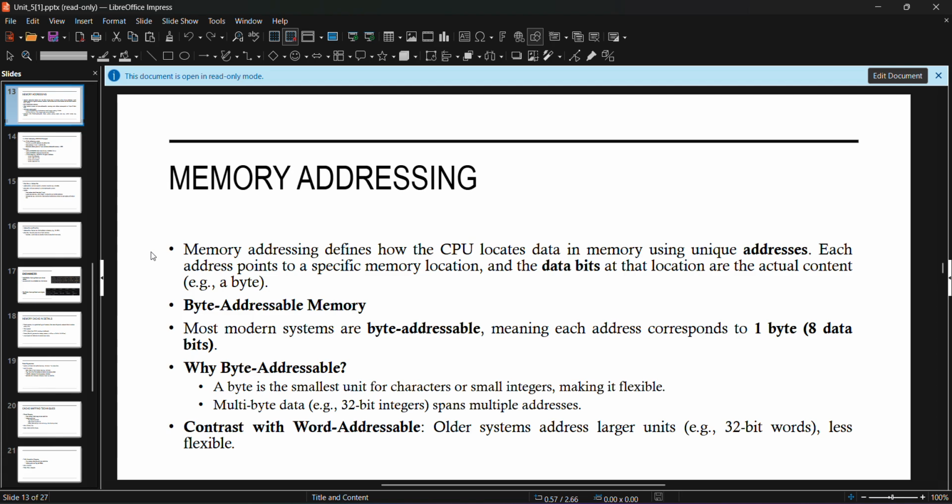The cache uses part of this address to decide if the data is already there, and if it is in the cache, where it is.